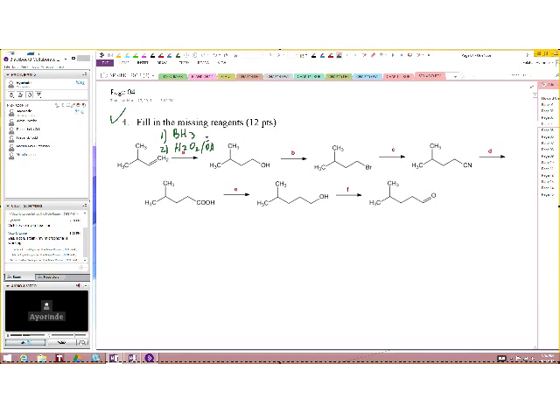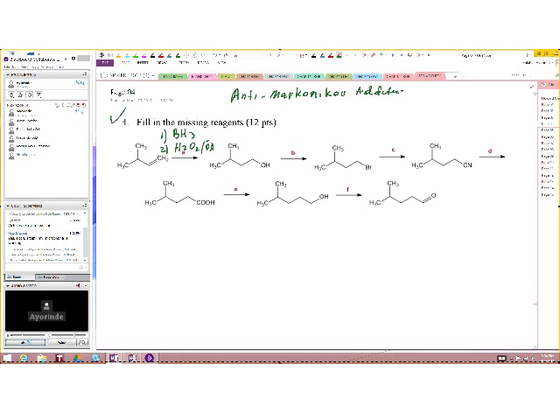So what this combination, step 1 and step 2, does is convert a carbon-carbon double bond to an alcohol. In other words, we are adding the elements of water across this carbon-carbon double bond, and this is what we call an anti-Markovnikov addition of water.